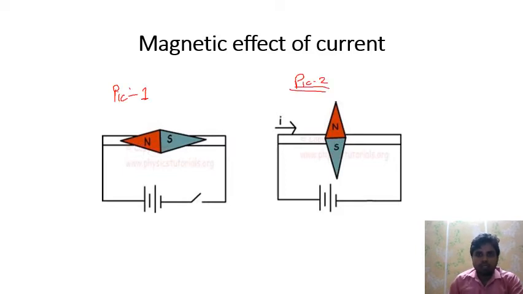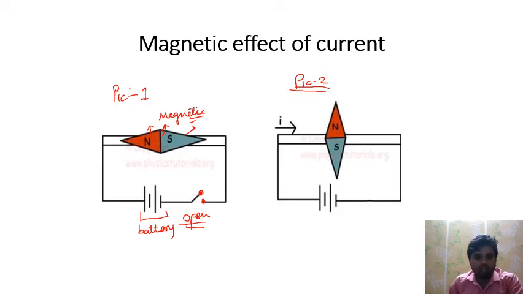Here we can see that this circuit is an open circuit, because it is not closed. This is a battery, and here it is a magnet, and it has a north pole and a south pole.